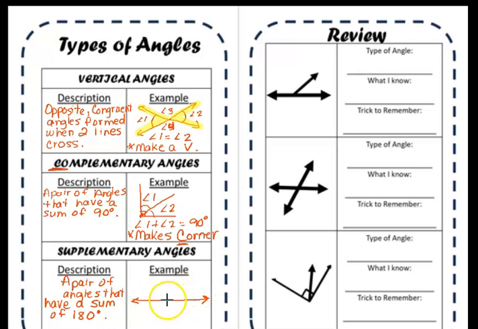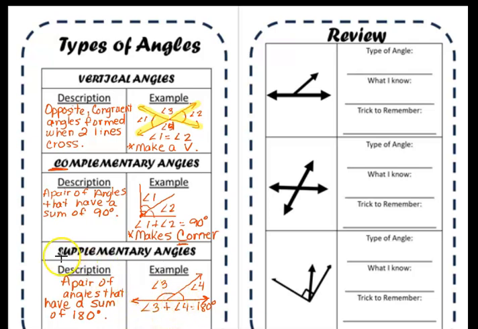Now, if we were to split this into two angles, you see how the measure of this angle plus the measure of this angle gives me that whole 180 degrees. So if we called this angle 3 and angle 4, we could say that angle 3 plus angle 4 equals 180 degrees.